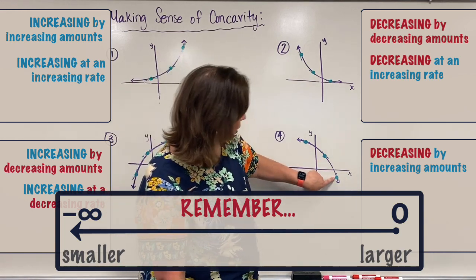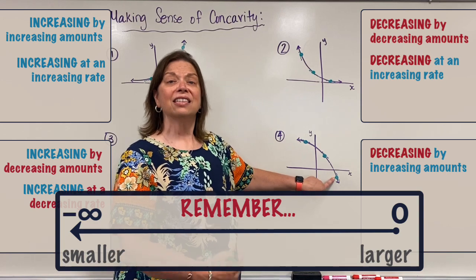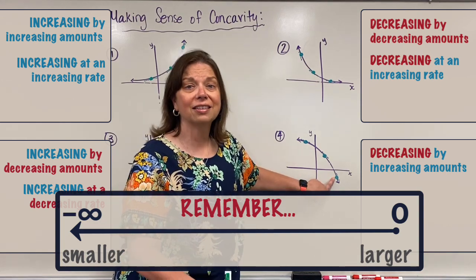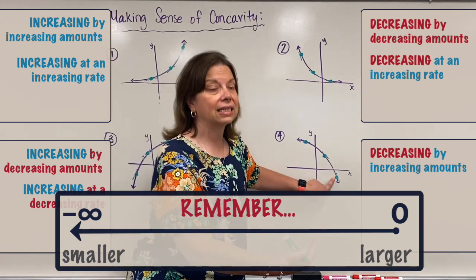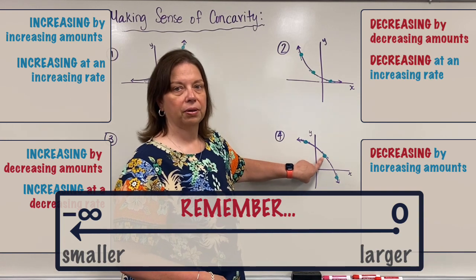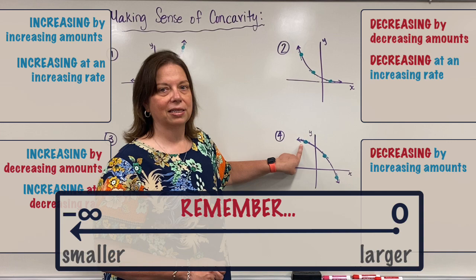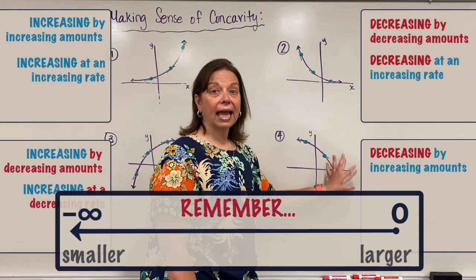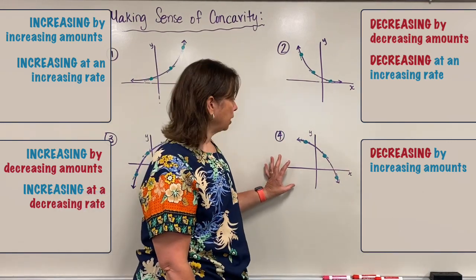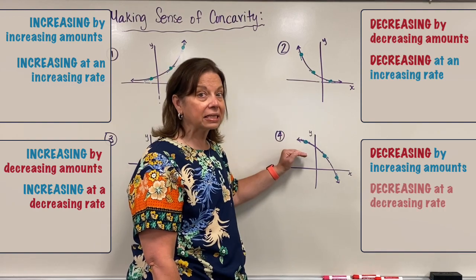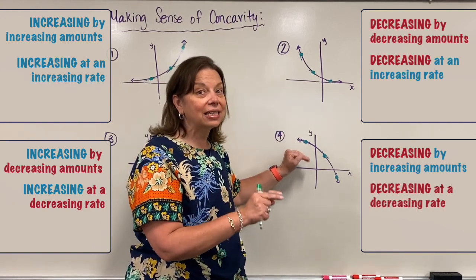And the last point of interest right here, its slope of the tangent line is also still negative, but more negative than this slope of the tangent line, which again is more negative than this slope of the tangent line. So we would categorize this particular function as decreasing, but at a decreasing rate.